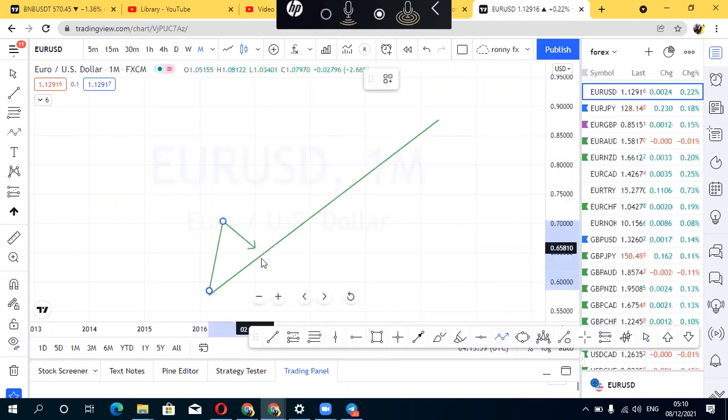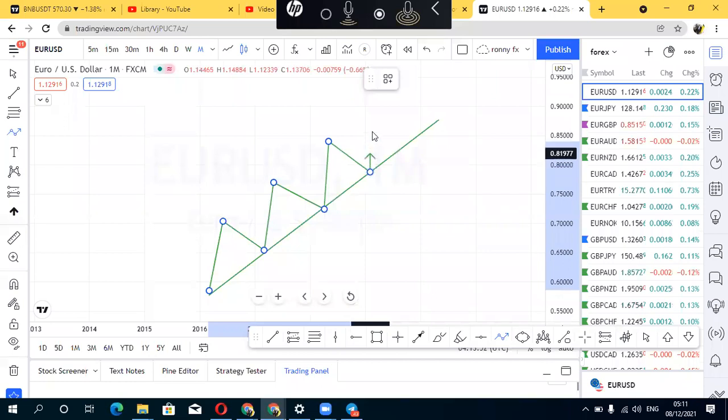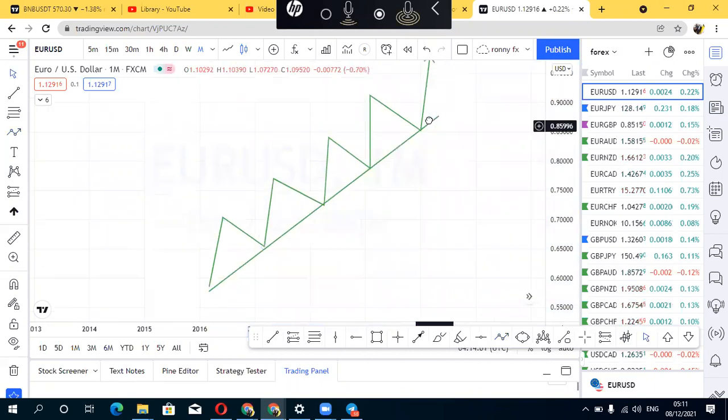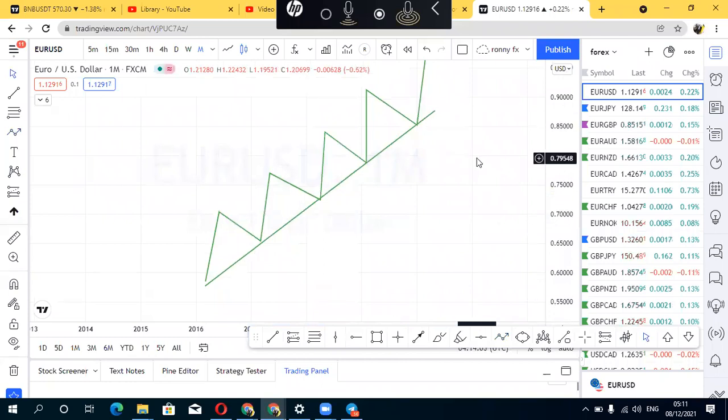You see that this high, anytime it hits on a trend line, produces a high that is higher than the previous high. You see? So when it's going up, we talk about higher highs. And when the trend line is coming down, we talk about the lower lows.